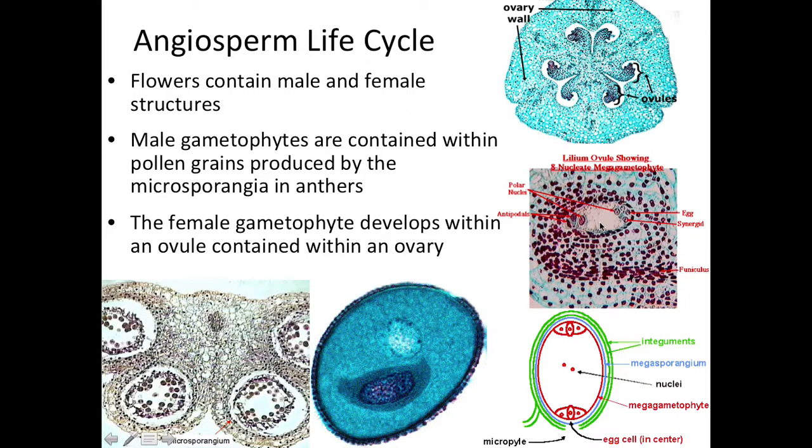The mature female gametophyte of most angiosperms consists of 7 cells and 8 nuclei. So again, you can see that it is highly reduced, and it's located deeply nestled within the tissues of the sporophyte body. The gametophyte bodies, especially the female gametophyte body, are inseparable from the sporophyte body.